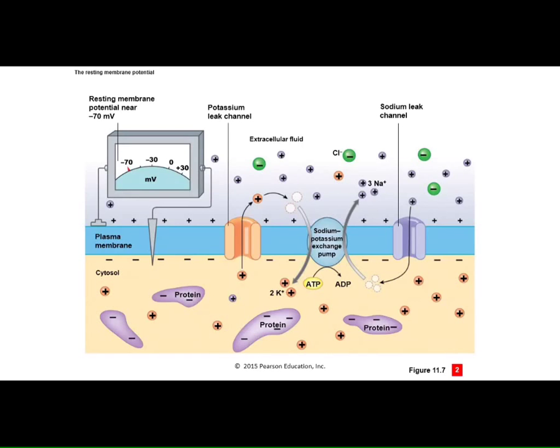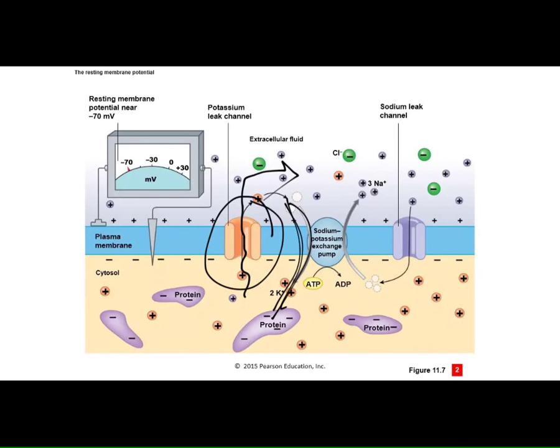And what this pump does is it unequally pumps 2 potassiums back in, right, that have leaked out. So here, in orange, is a potassium leak channel. Potassium's just always kind of moving out. But potassium is being brought back in by this ATPase.